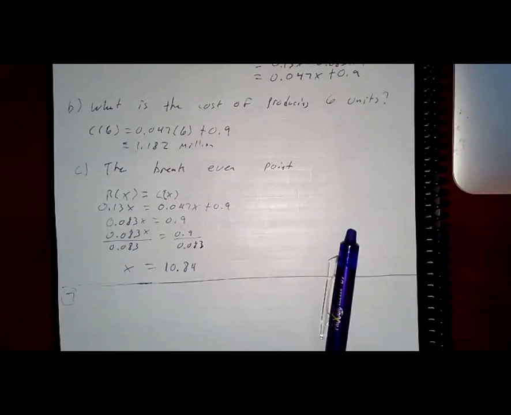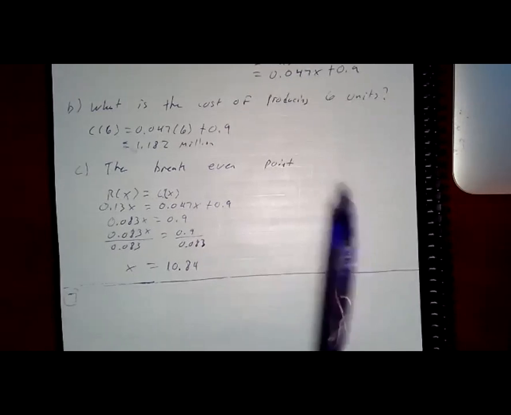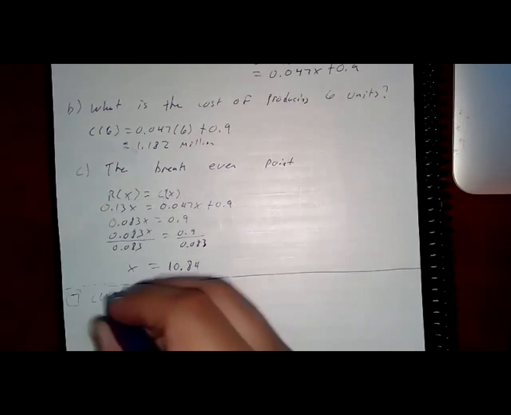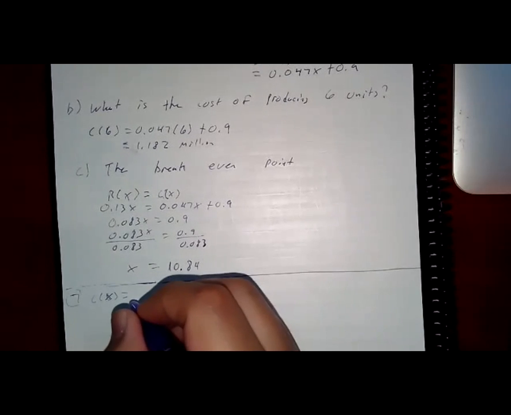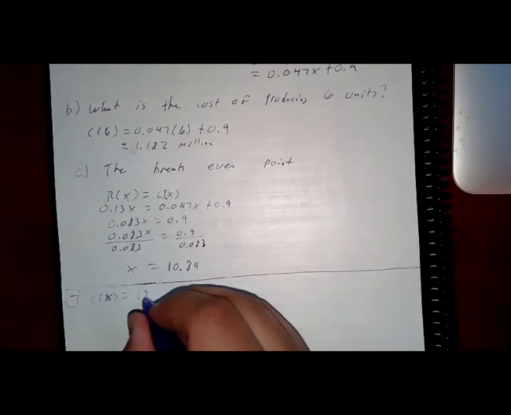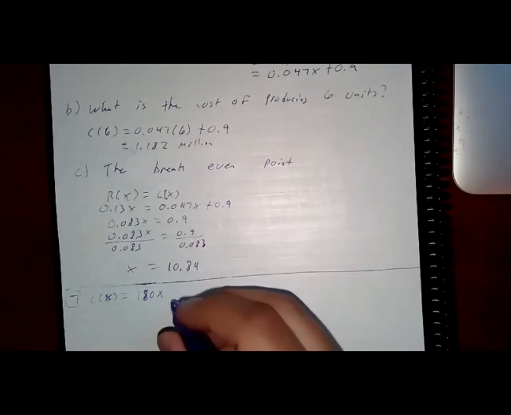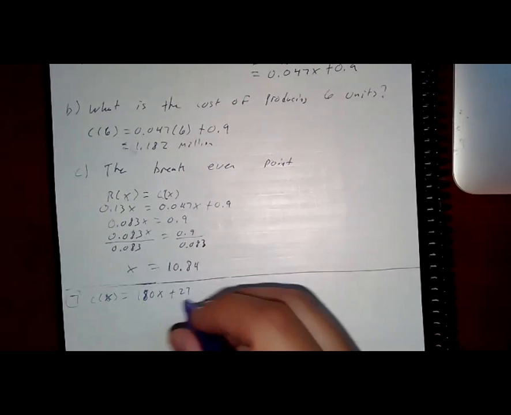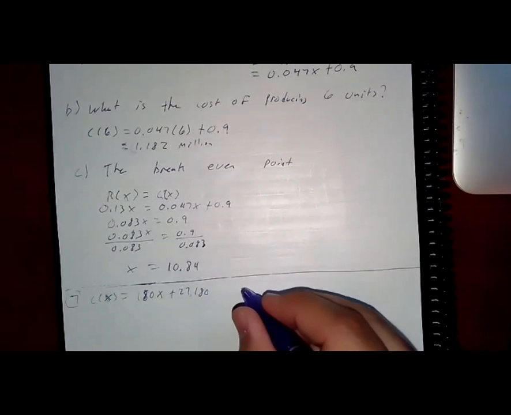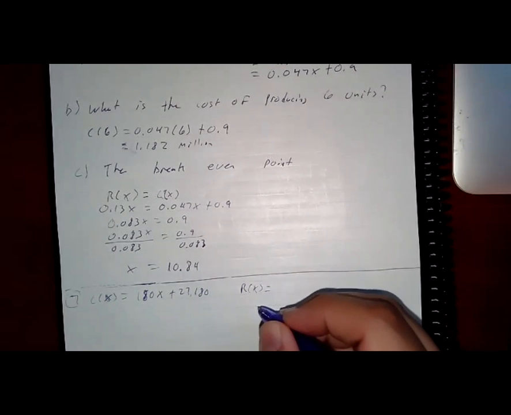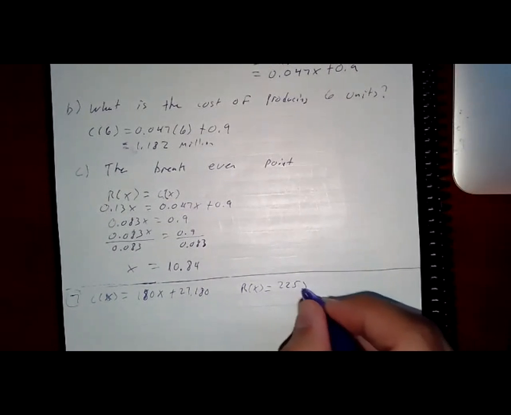The cost is equal to 180x plus 27,180. Revenue is equal to 225x.